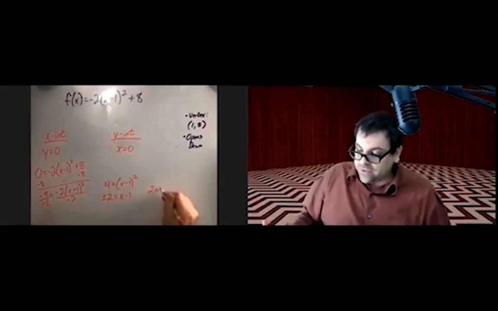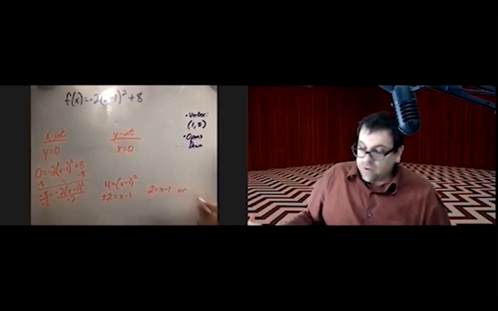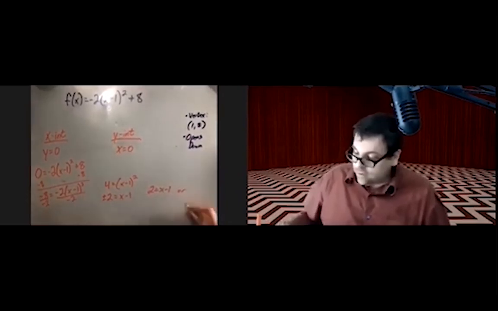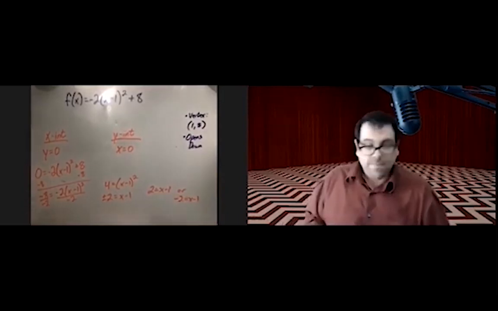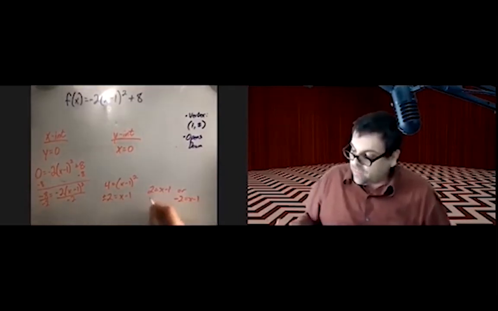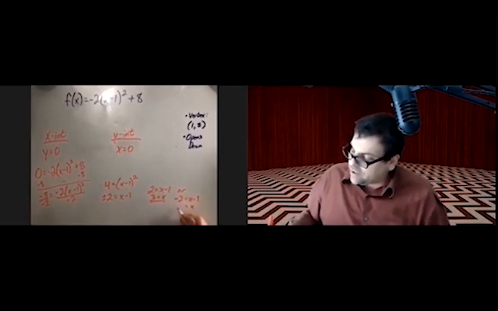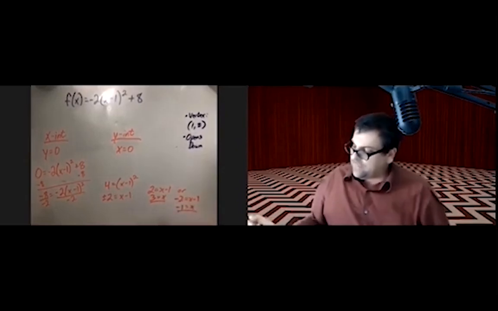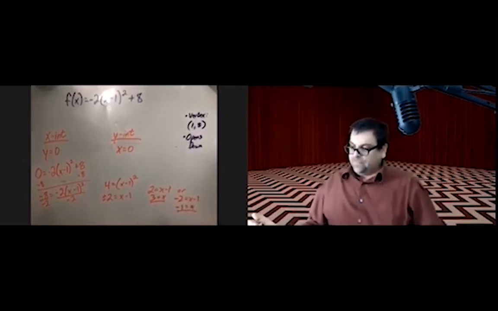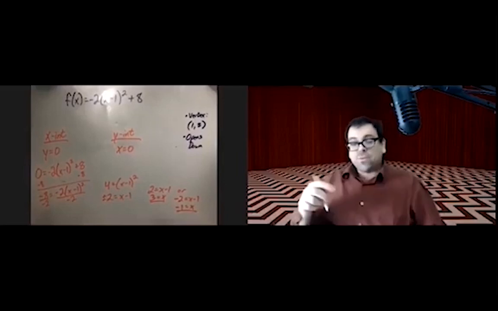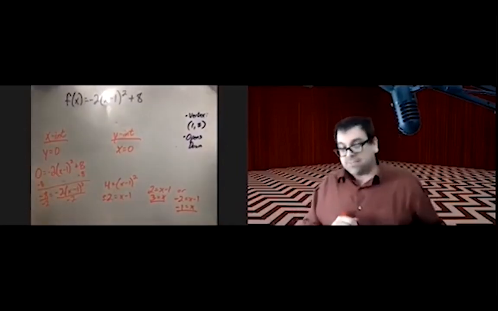Plus 2 equals x minus 1, or minus 2 equals x minus 1. Add 1 to both sides, we get x equals +3. Add 1 to both sides, we get x equals -2 plus 1. It's -1. So we have 2 x-intercepts.